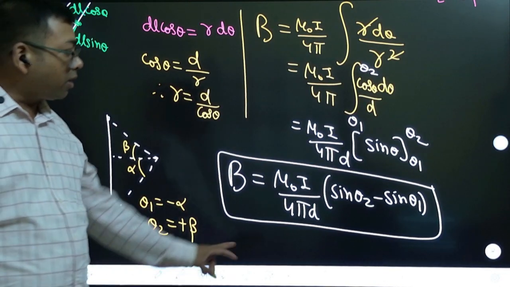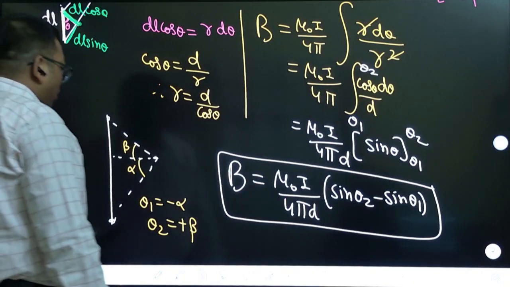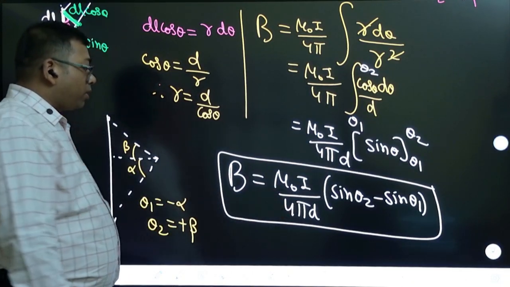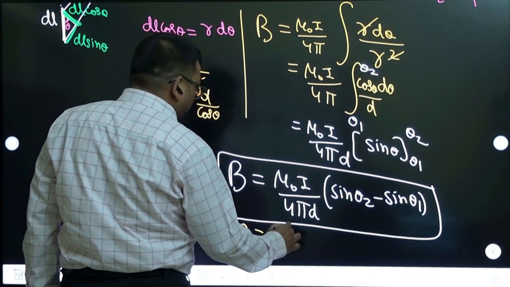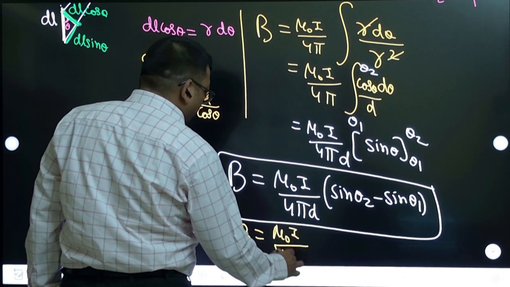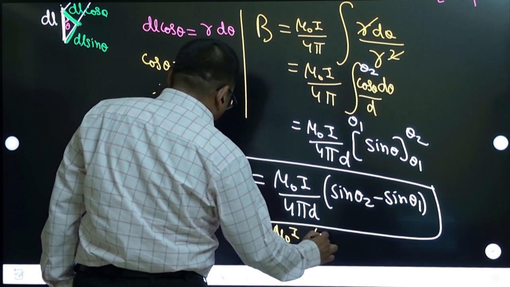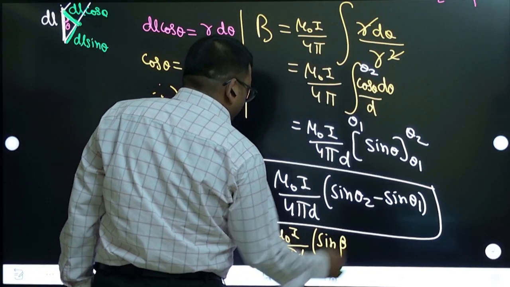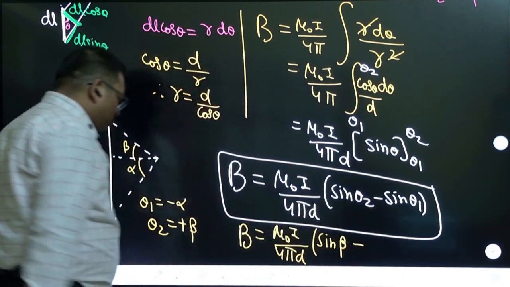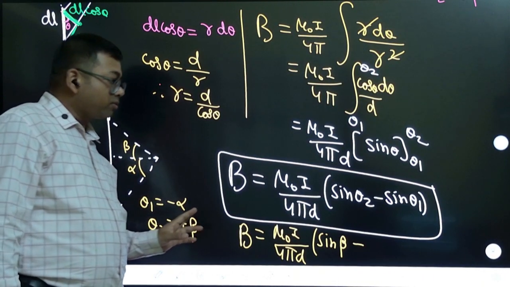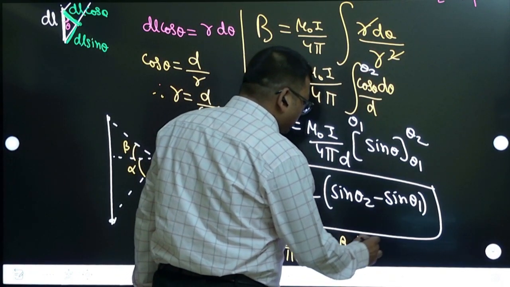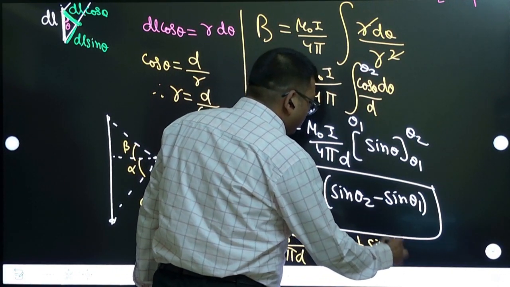Now if I substitute here, you will get mu naught I by 4 pi d times sine of beta minus sine of theta 1, which is sine of minus alpha, which will become minus sine alpha. So minus minus will become plus, and that's the formula for a finite wire.